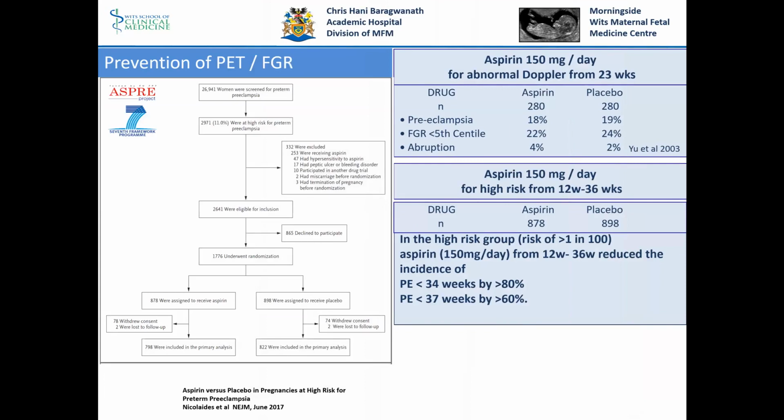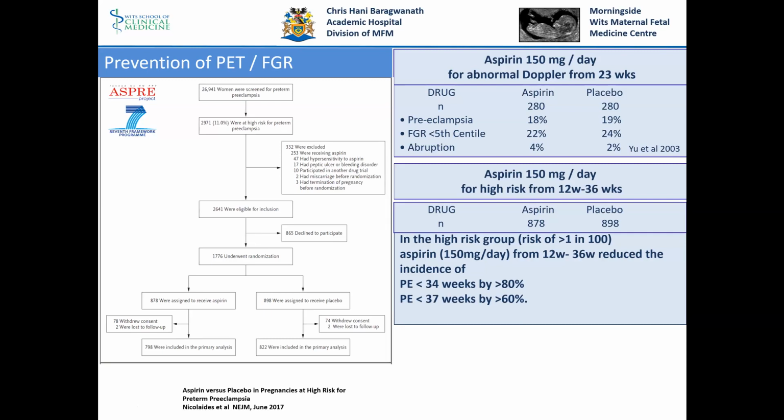Kypros Nicolaides, for a very long time, looked at the value of aspirin in terms of prevention of preeclampsia. Many years ago, Chris Yu, who was one of the fellows in London in 2003, looked at the value of aspirin in the second trimester, combined basically with a 20-week scan.